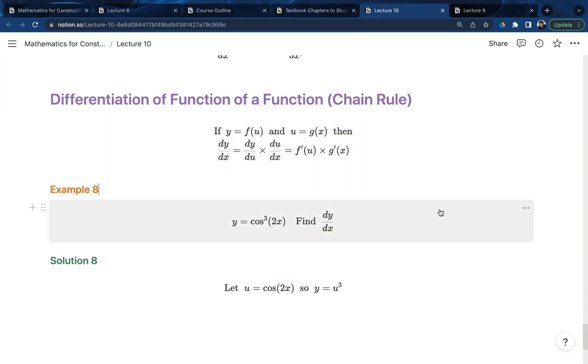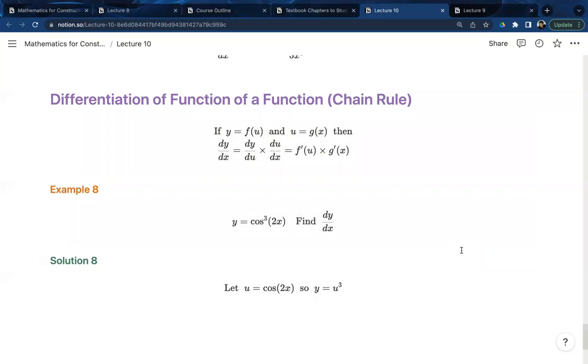It's a symbol that names the gradient function of u with respect to x. That's what du dx is. But if you want to remember the formula easily, you could think of it as a fraction, with the du's canceling to give dy dx. It really is the product of two smaller gradient functions.